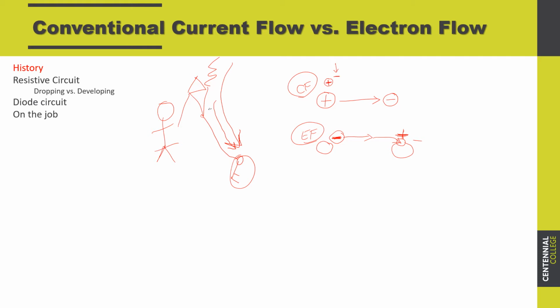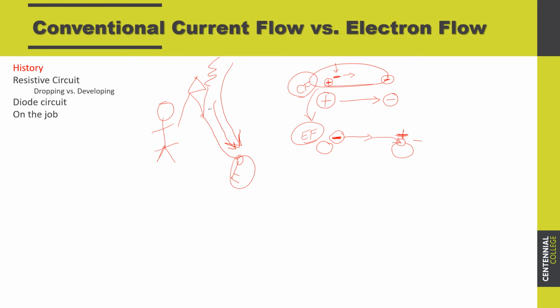And so while the electron is going to look for a hole, it's going to look for that positive, the positive ion is going to look for a negative ion. And if you look at it from an ionic level, then yeah, it adds up all right with electron flow theory, but you can see that we're sort of at different levels.